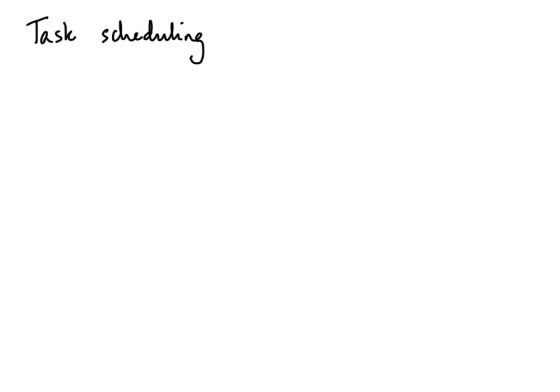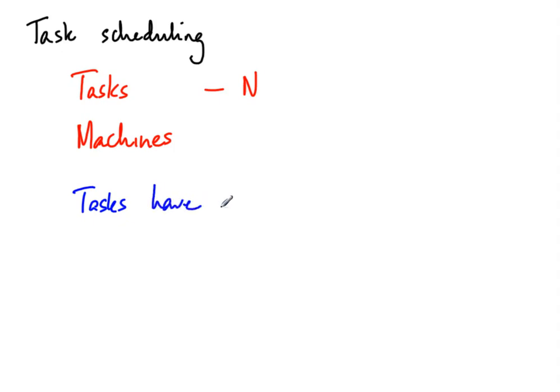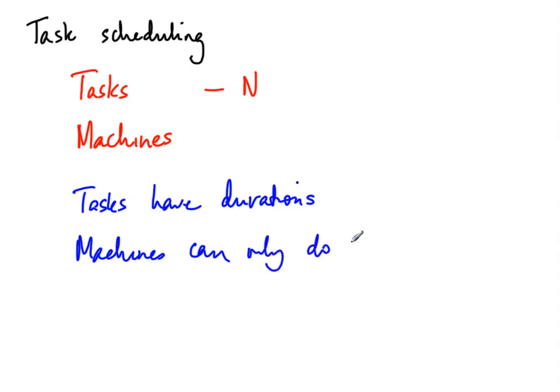So here you have some jobs, okay, so you have some tasks, and you have some machines. Say you have n tasks, so you have tasks 1 to n, and you have some machines. So now each task has a duration, and the machines can only do one task at a time.